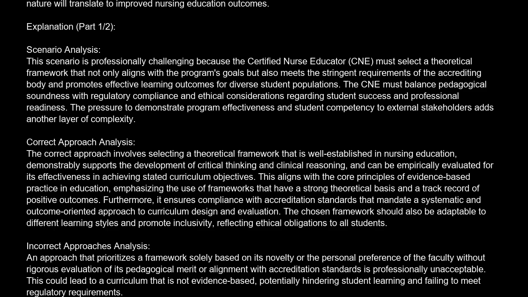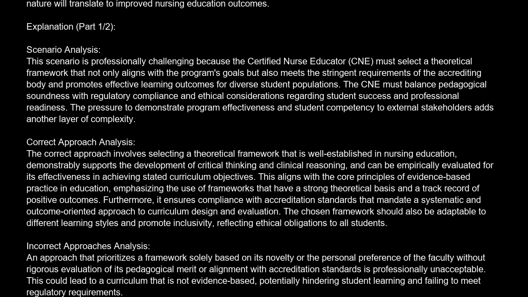This aligns with the core principles of evidence-based practice in education, emphasizing the use of frameworks that have a strong theoretical basis and a track record of positive outcomes. Furthermore, it ensures compliance with accreditation standards that mandate a systematic and outcome-oriented approach to curriculum design and evaluation. The chosen framework should also be adaptable to different learning styles and promote inclusivity, reflecting ethical obligations to all students.